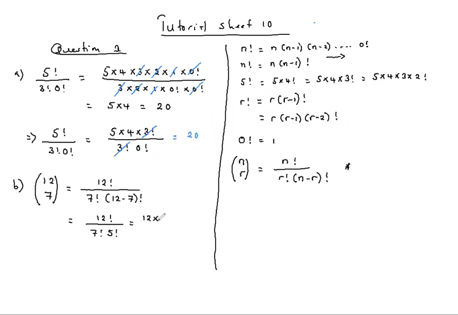So we have 12 by 11 by 10 by 9 by 8 by 7 factorial. Down here we have 7 factorial by 5 factorial. So the 7 factorial will cancel and we will remain with 12 by 11 by 10, 9, 8.